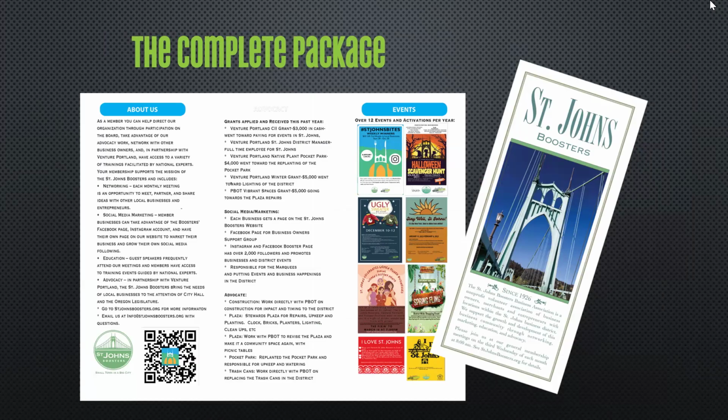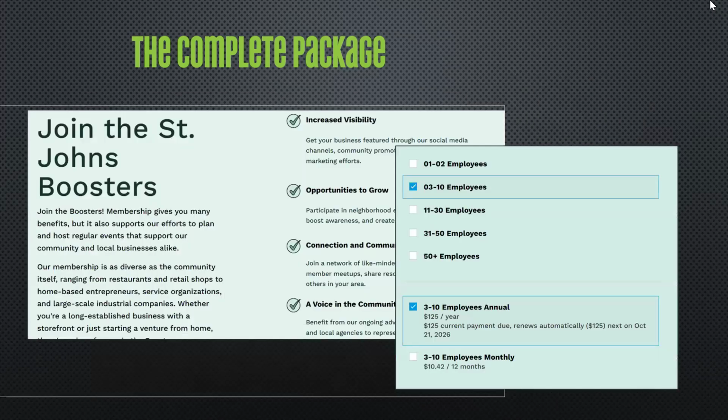There's a quick About Us section that talks about the history of the organization, and then it goes into the different benefits that are offered by the organization. There's some event posters to really help visualize all the things that are happening throughout the year that they get to participate in. And then finally, a QR code where they can easily get to the website to learn more information that wouldn't fit on a promotional material like this.